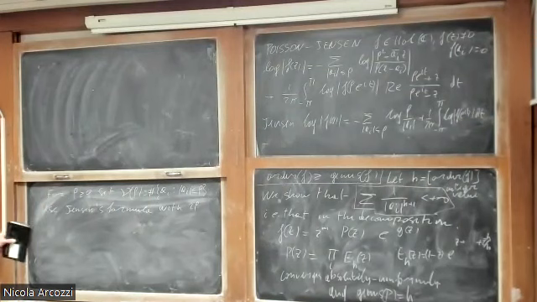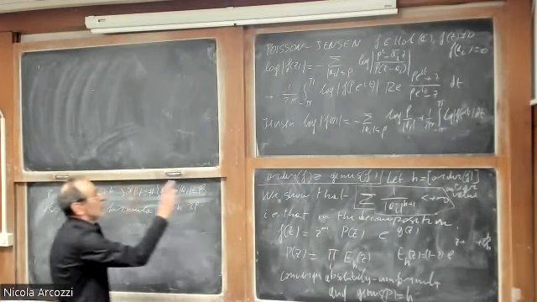So what we get is that, so this is Jensen's formula.